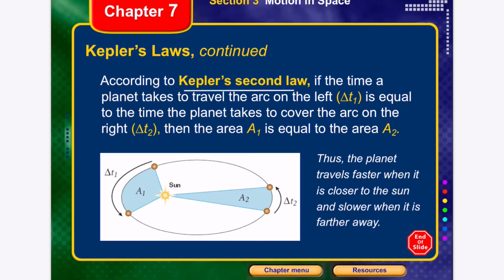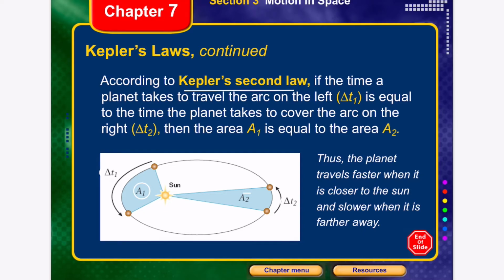So Kepler's second law basically says that if you draw an imaginary line, it sweeps equal areas over equal amounts of time. So for example, let's say it takes delta t1 to trace an area of a1 and delta t2 to trace an area of a2.